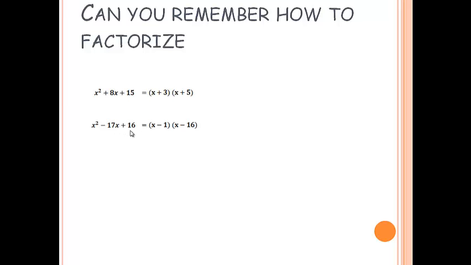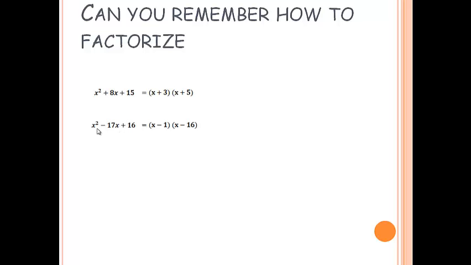2 and 8? No. 2 plus 8 equals 10. What about 4 times 4? The sum of 4 and 4 equals 8. What about 1 times 16? Yes, 1 times 16 equals 16, and the sum of 1 and 16 equals the middle term, which is 17.